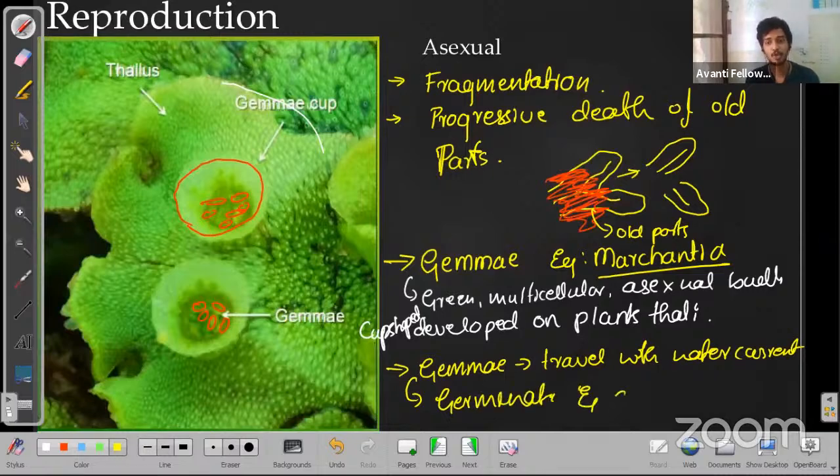What's happening here is that these are producing a cup, an ice cream cup kind of cup. Within that, gemmae are present, green colored asexual buds. With the water current, they flow, and when they reach some soil where conditions are very good, they germinate and give rise to a new plant.